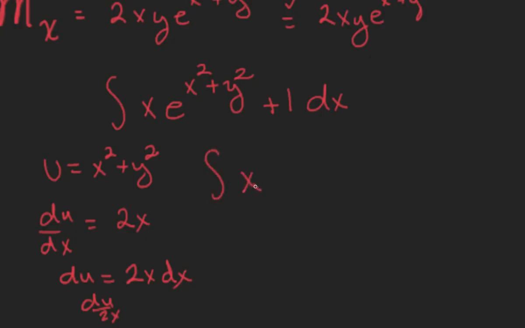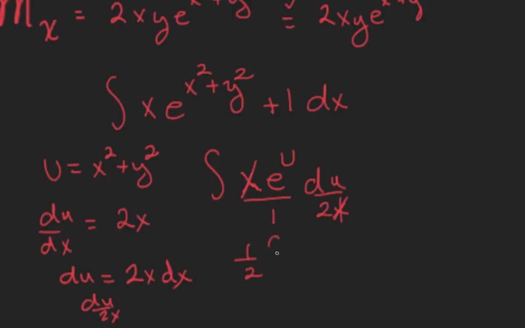Didn't do anything with that x, it sticks around for the ride. Your x squared plus y squared is the exponent of u, so the same thing happens to your u. And then du over 2x is what replaces your dx. So then you physically can see these x's canceling out.